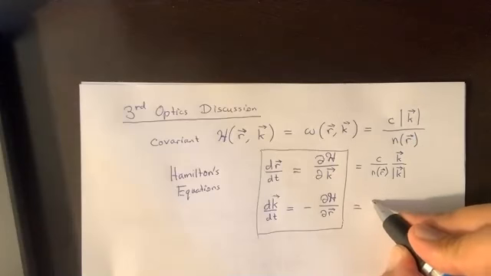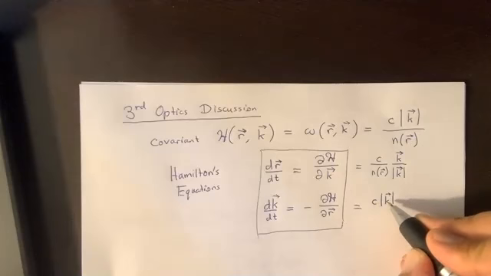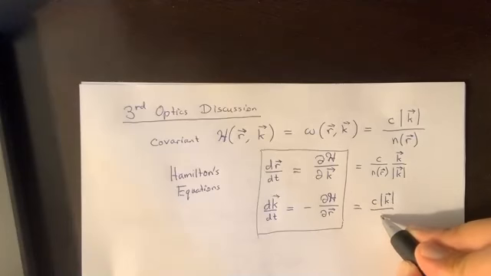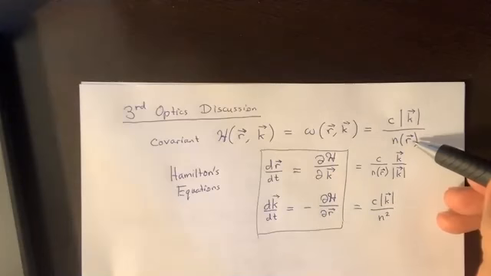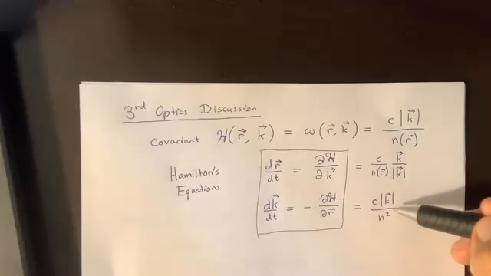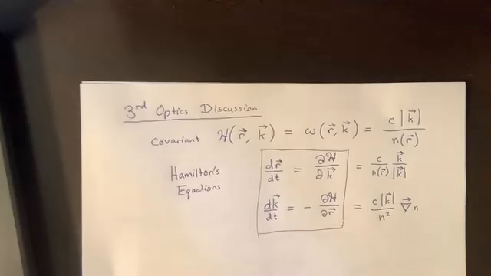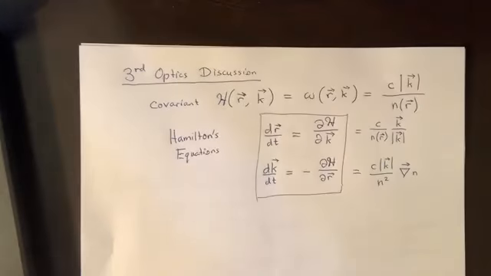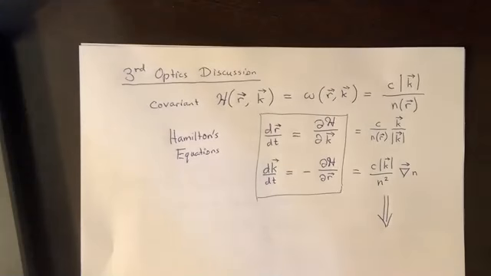Okay, so we get the ck magnitude over n squared. Notice the minus sign here gets canceled because we have n to the minus first power. When you differentiate n to the minus first power, you get minus n to the minus second power, and then the gradient of n like so. Okay, so we're going to skip the algebra. We don't have time for the algebra.